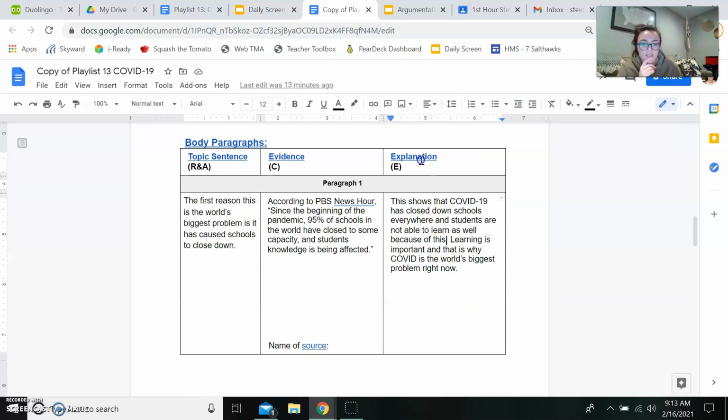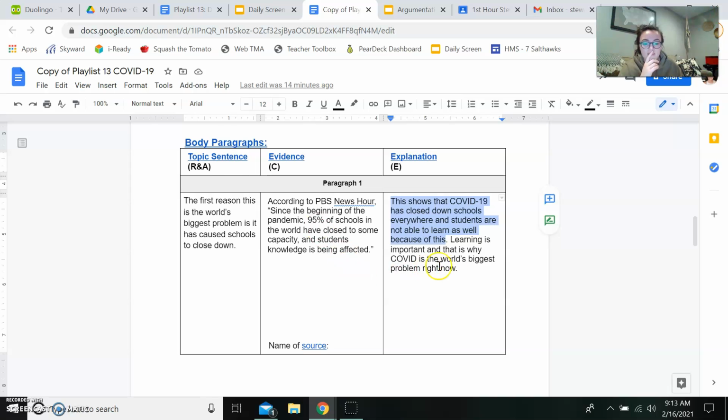The last bit is the explanation, and you're going to do it literally exactly like a RACE paragraph. You're going to have your first sentence here that explains what your quote is saying. Explain that. Don't leave that up to your reader to decide, oh, maybe this is what this quote means. No, tell them what you think it means, because you're trying to get them to agree with you, right?